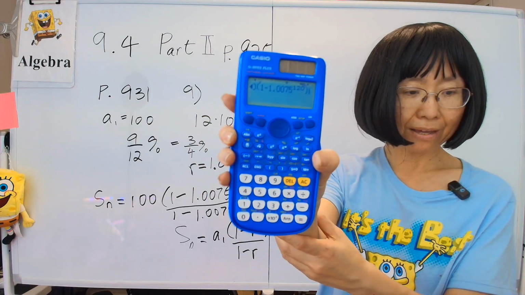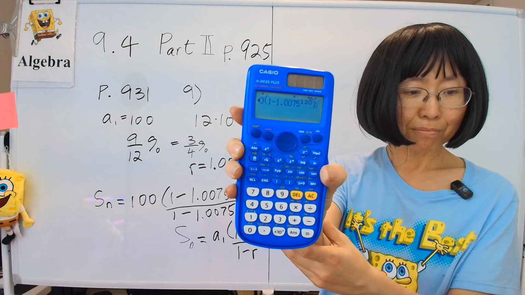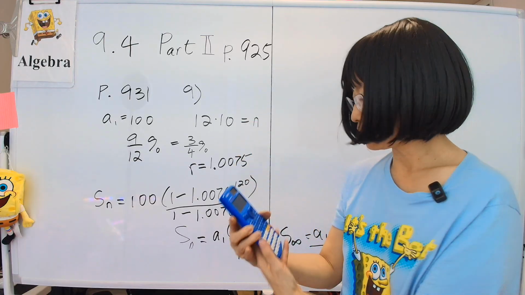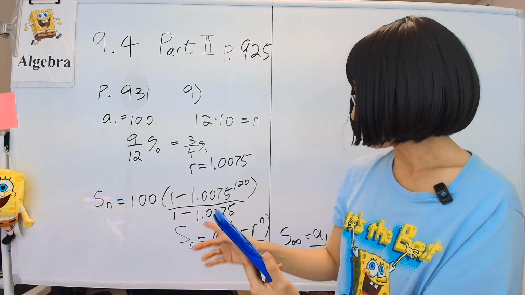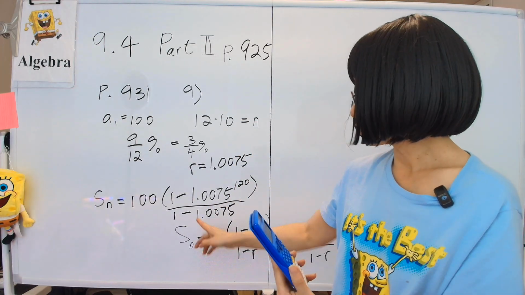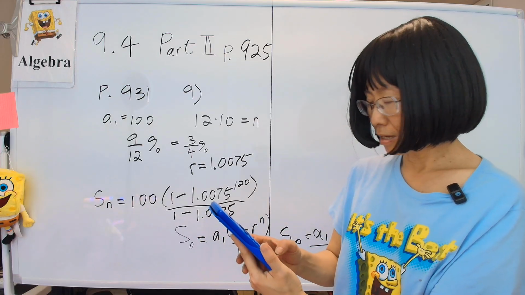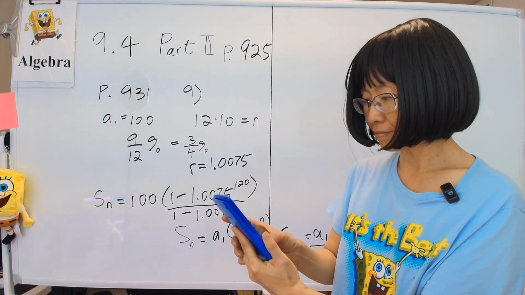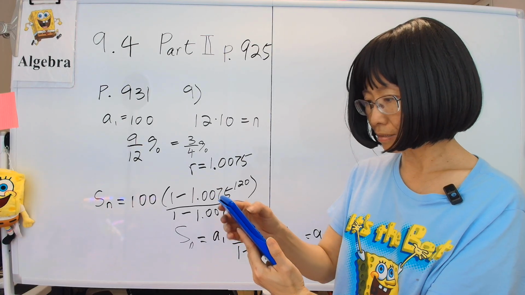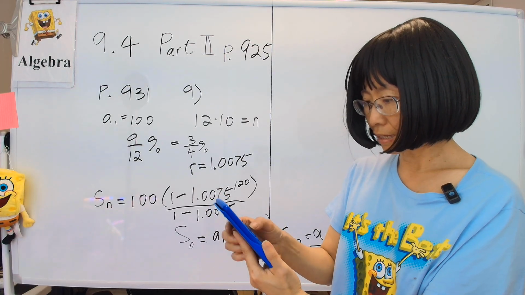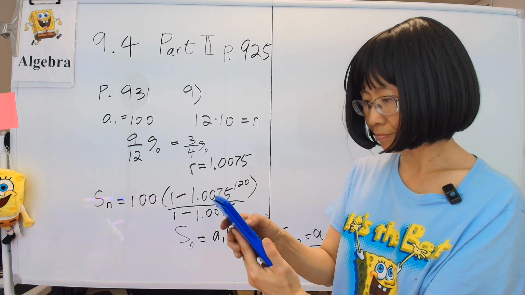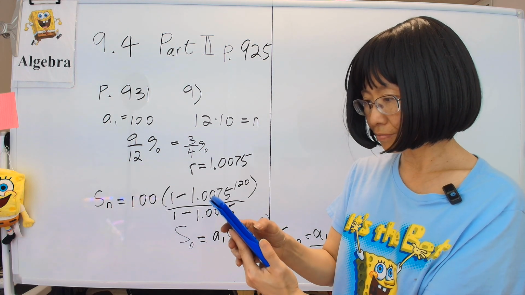So I have typed in 100 times 1 minus that number raised to the 120 power, close parentheses, divided by the bottom, which is 1 minus that, just minus 0.0075. Where's my minus? I don't have minus. I have to go back and get the negative sign.